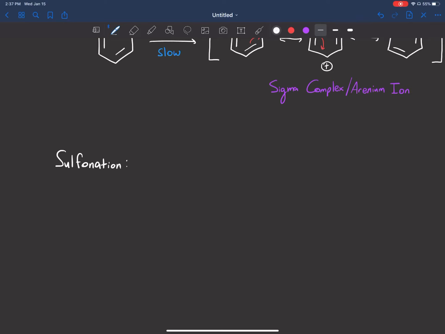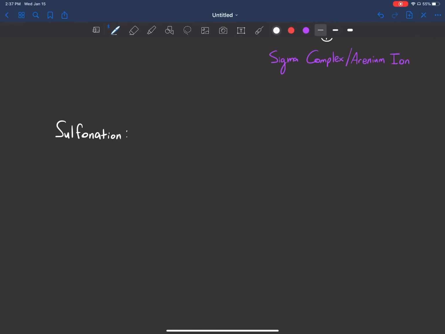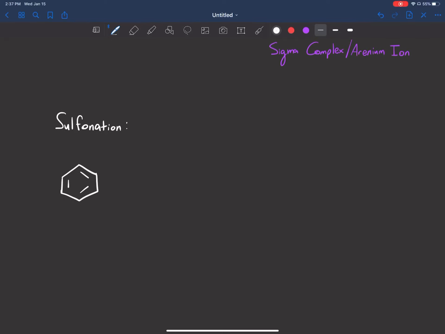All right, sulfonation. So again, these all start out with benzene. We're going to put a benzene over here, and we're going to write SO3 over H2SO4.